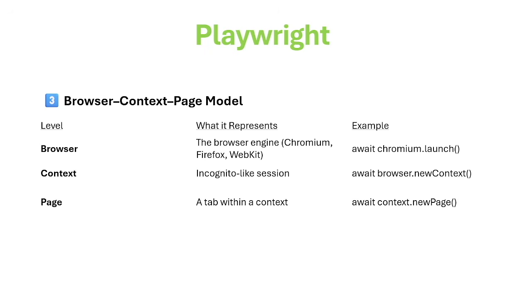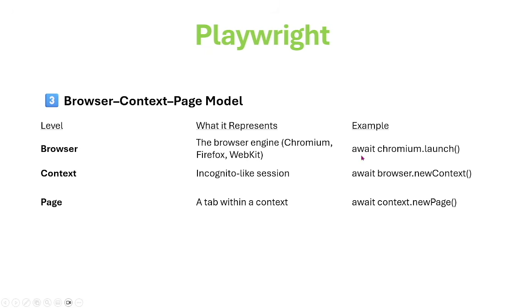Browser, context, page model. From the top level, the top level is the browser. Browser engine: Playwright has 3 web engines: Chromium, Firefox, WebKit.